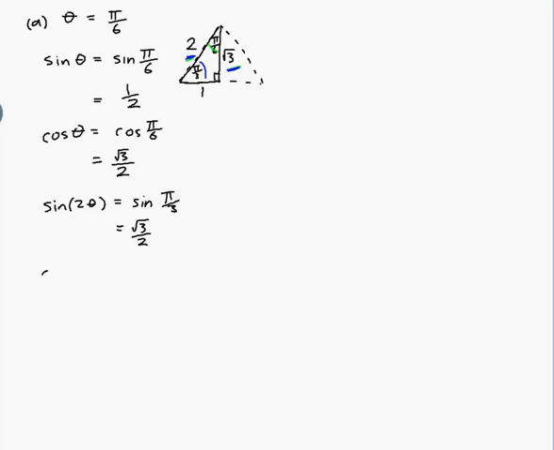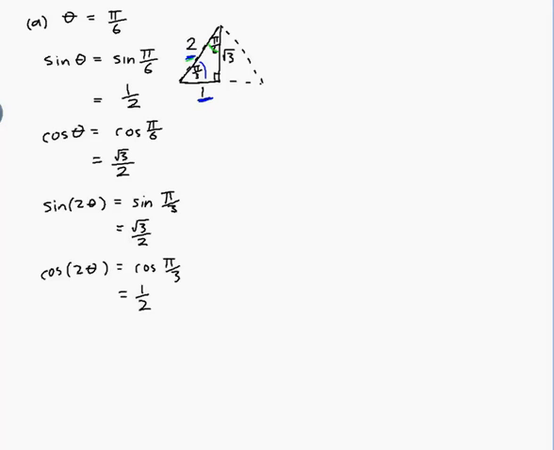Cos 2 theta is cos of pi on 3, which is adjacent over hypotenuse for pi on 3. So that would be the adjacent side here. And so it would be 1 over 2.